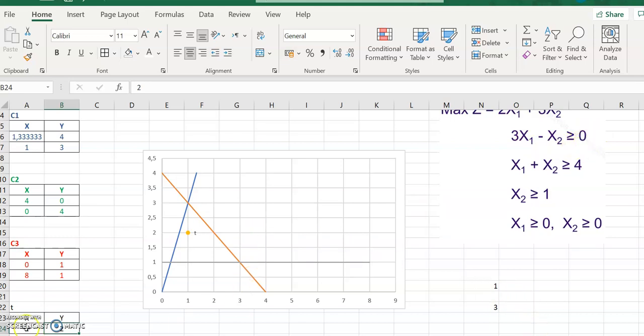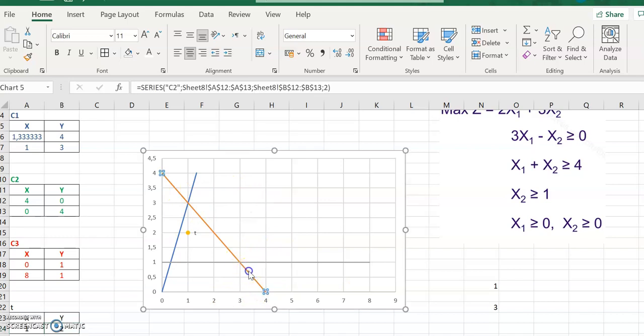The coordinates are 1, 2, so it's 3 times 1 minus 2. 3 minus 2 is 1. 1 is in fact greater than or equal to 0, and hence T is contained in the area limited by this constraint. So this constraint is going to be facing this way.